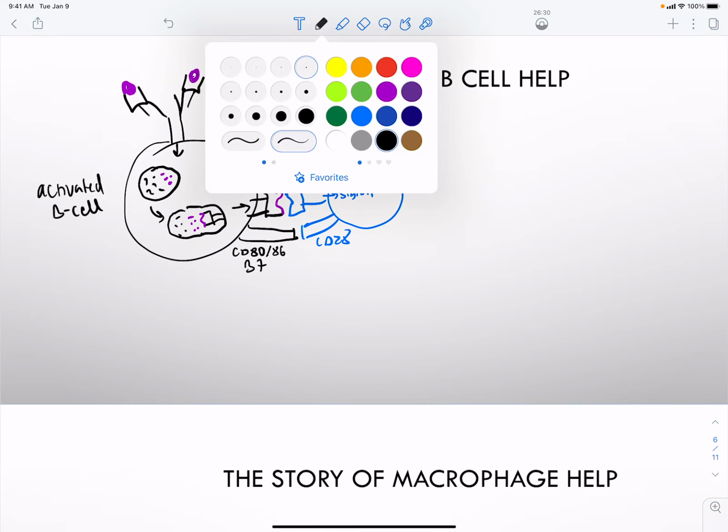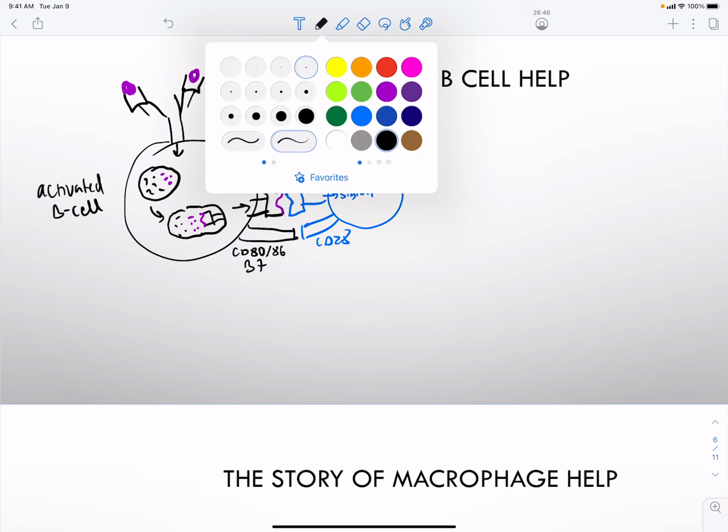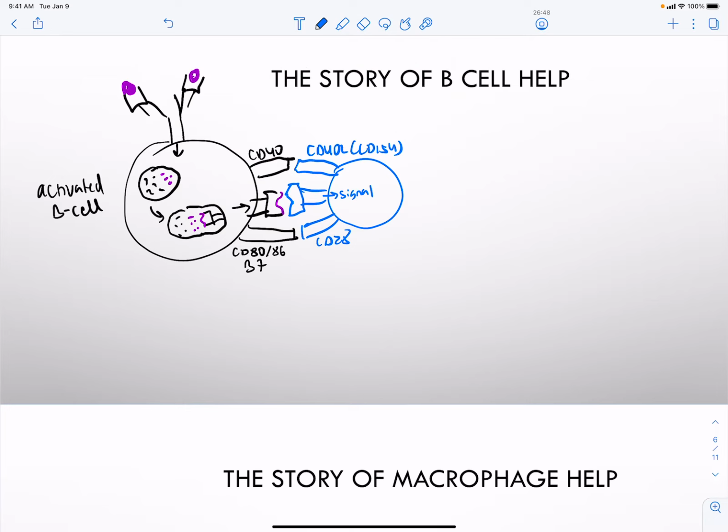And then you're going to get the helper signal, which is your CD40 ligand, which is CD154. And this is going to bind to CD40. And so this is the help signal. And this is signal 2.